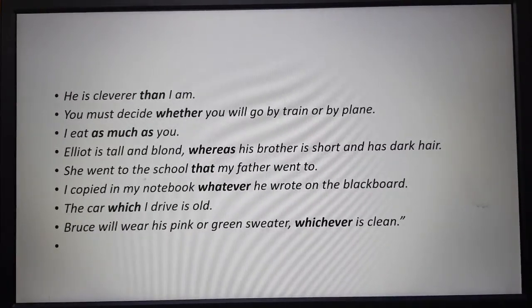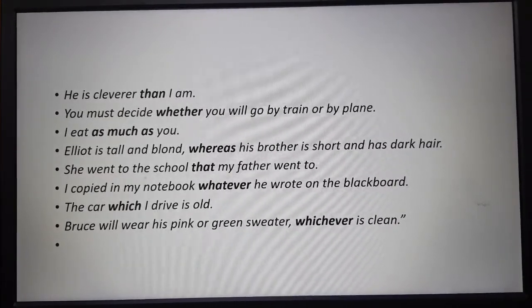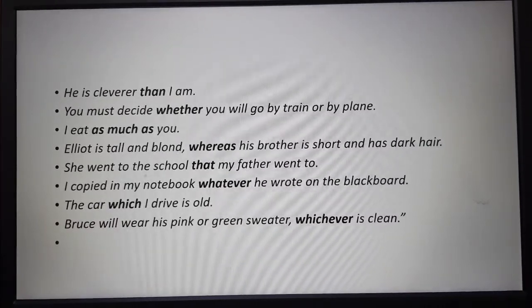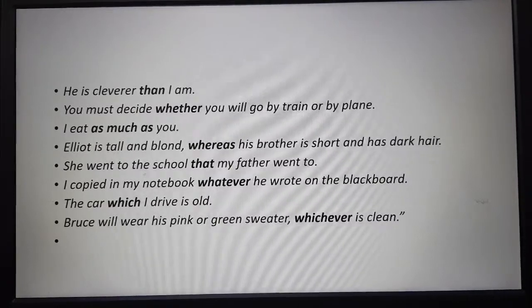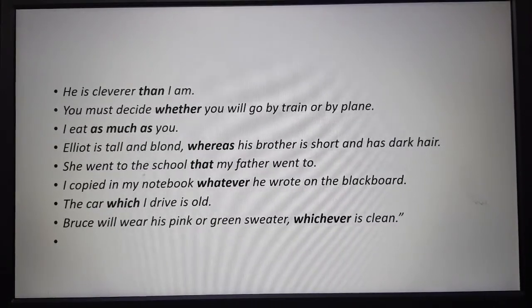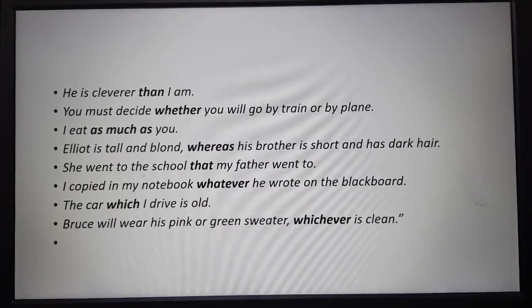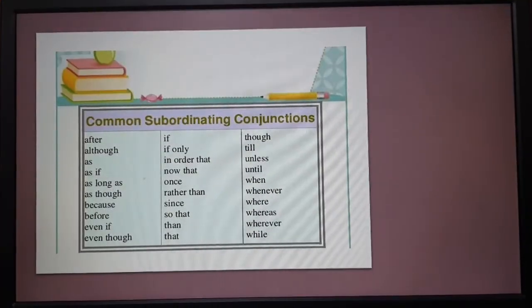I eat as much as you. Elliot is tall and blond, whereas his brother is short and has dark hair. She went to the school that my father went to. I copied in my notebook whatever he wrote on the blackboard. The car which I drive is old. Bruce will wear his pink or green sweater, whichever is clean.